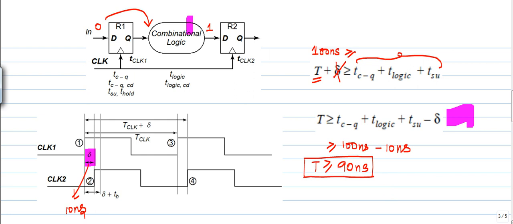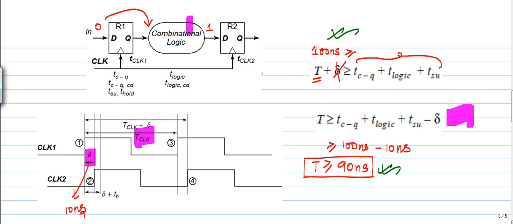One can understand this in a better way. Initially, without any clock skew, the time period is equal to 100 nanoseconds, but after clock skew the time TCLK is equal to 90 nanoseconds.